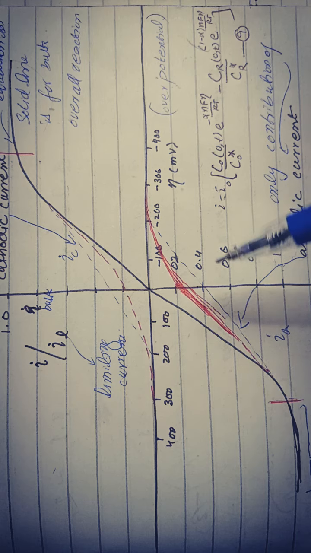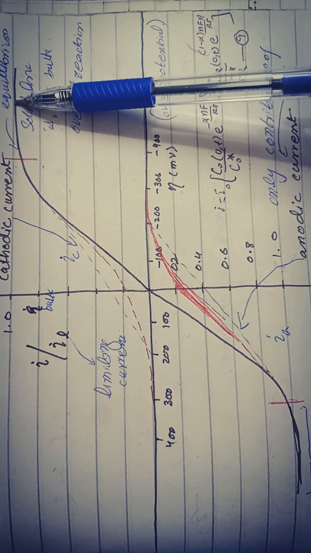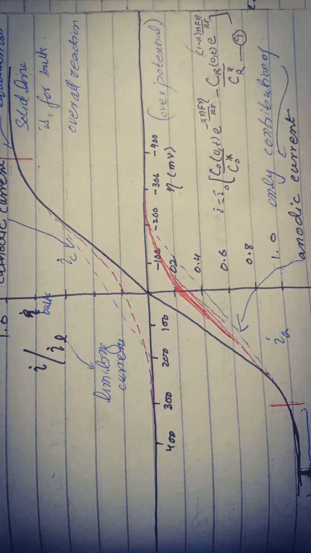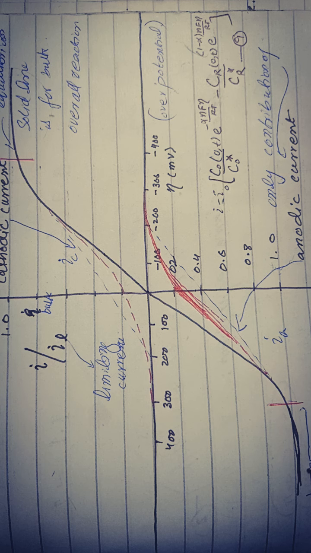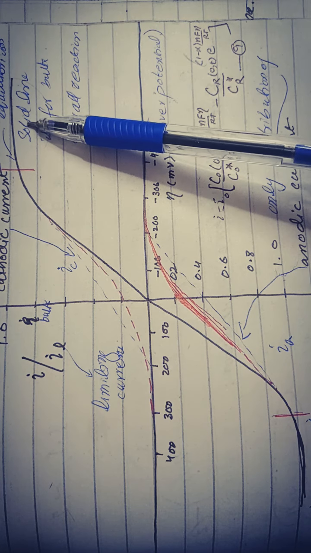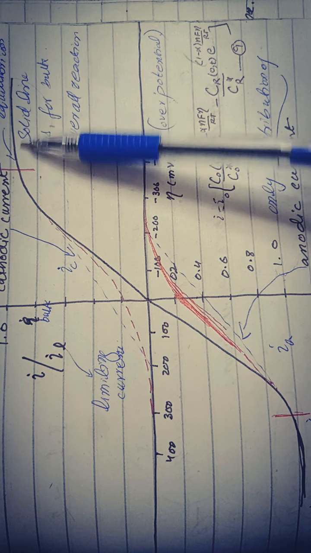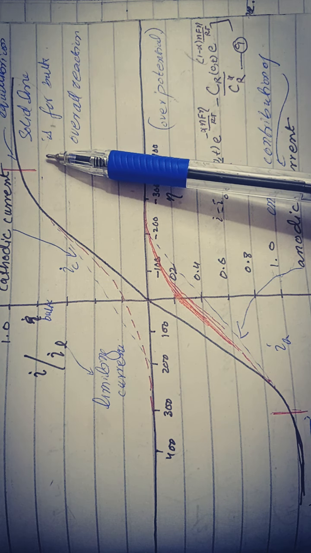Here we have the limiting cathodic current and limiting anodic current, which is showing all the oxidized and reduced form of the analyte species have been reduced or oxidized.